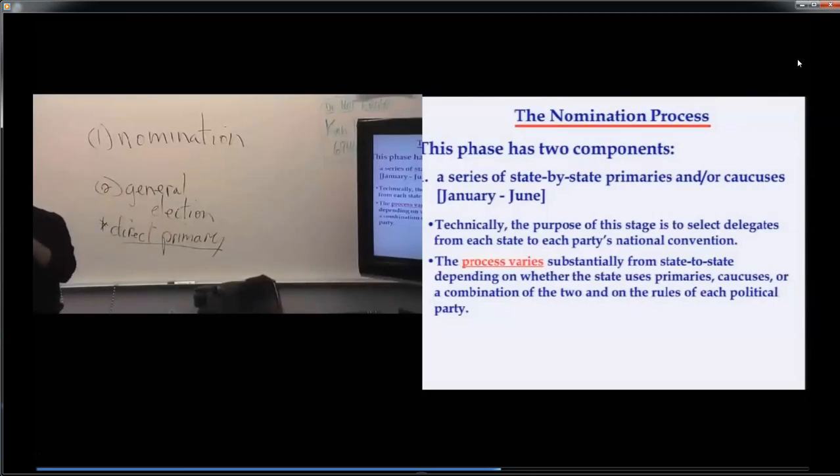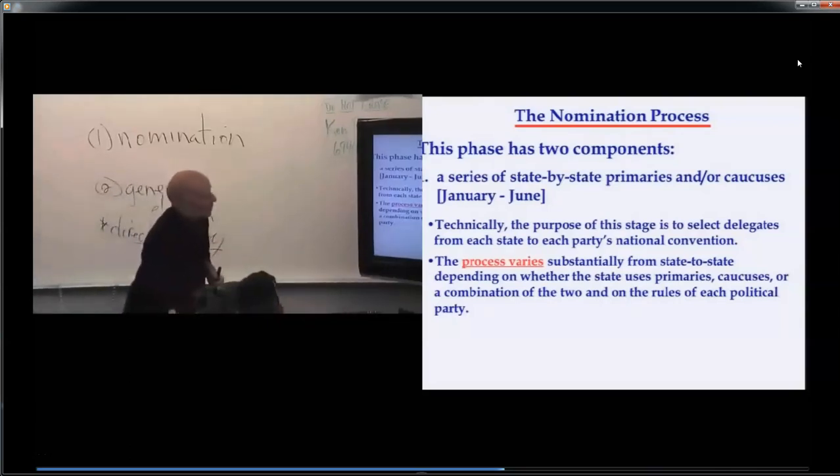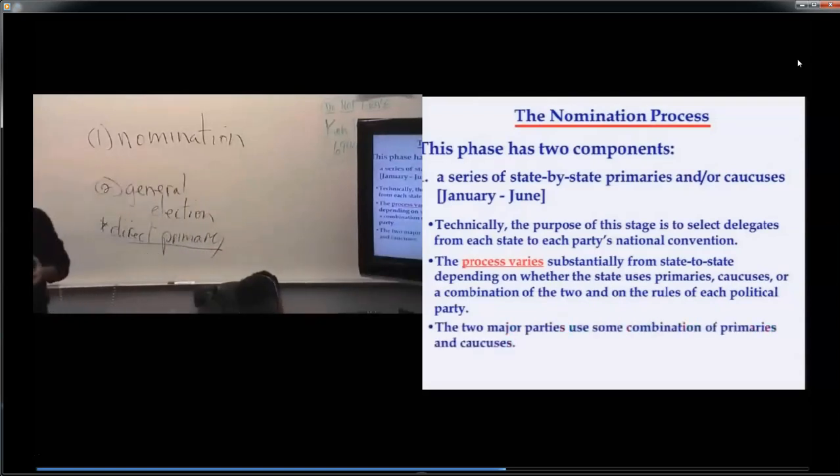Okay? And it also varies from state to state. The way that the process works in Texas is not the same as the way that it works in Louisiana or Idaho or Michigan or any other state. It's just a jumble, okay? Nevertheless, we're going to try to sort out some things, at least as they pertain to Texas.